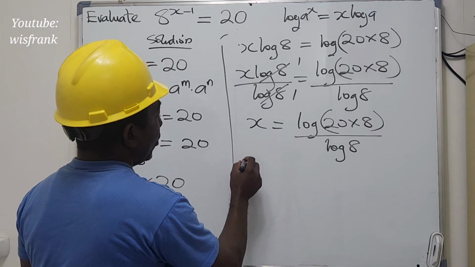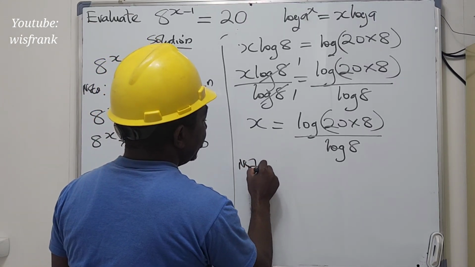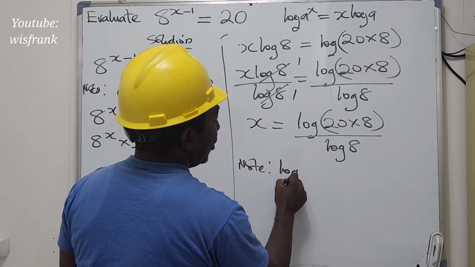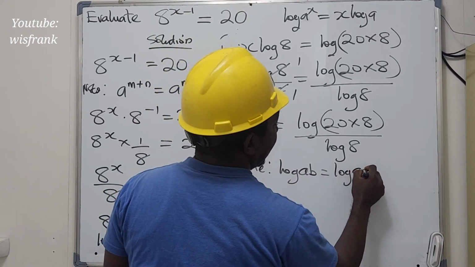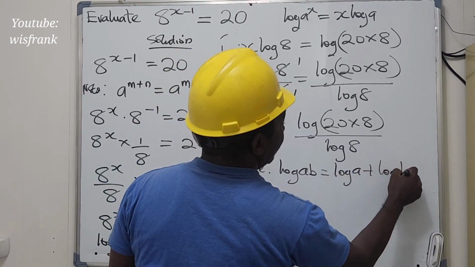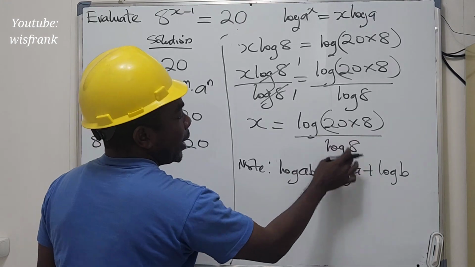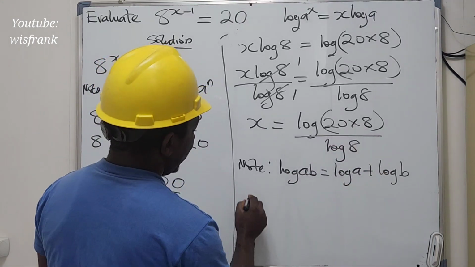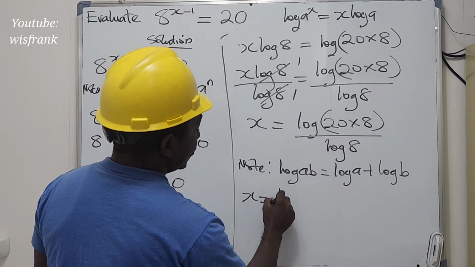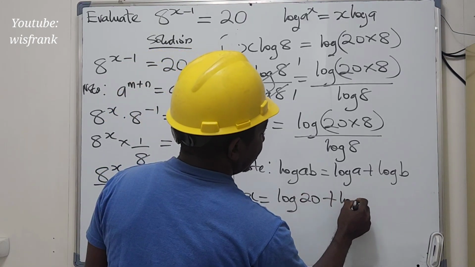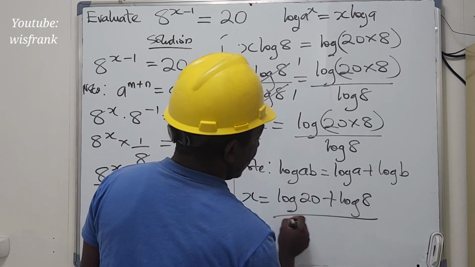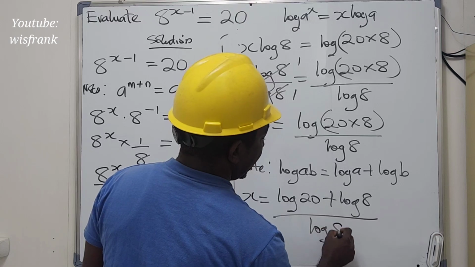Here we also recall, take note, when we have log AB, it is same thing as log A plus log B. So we are going to express the numerator as this. So we have the value of x equals to log 20 plus log 8 all over log 8.